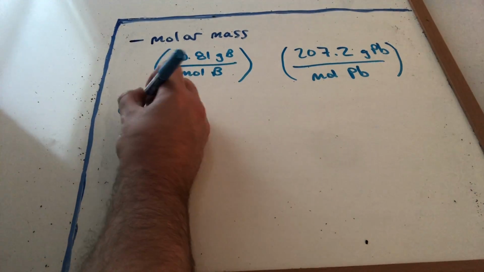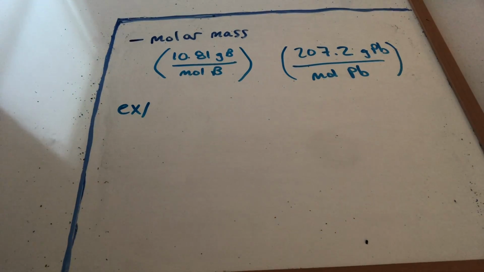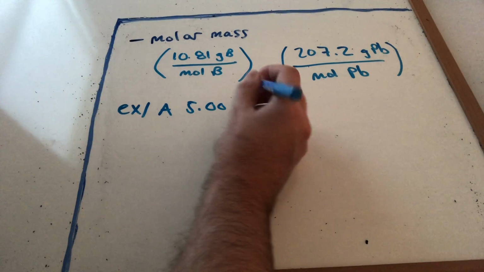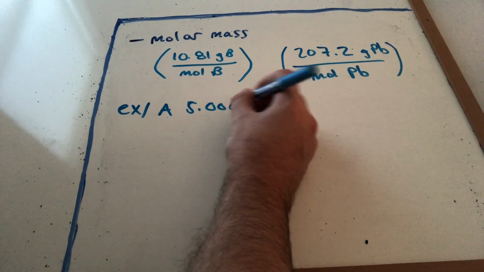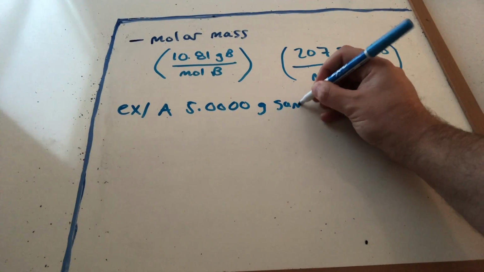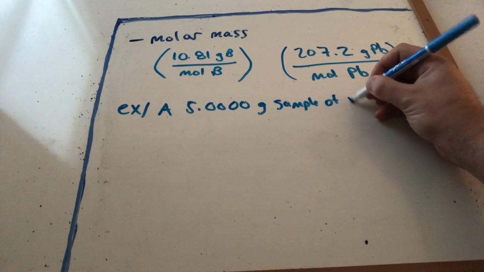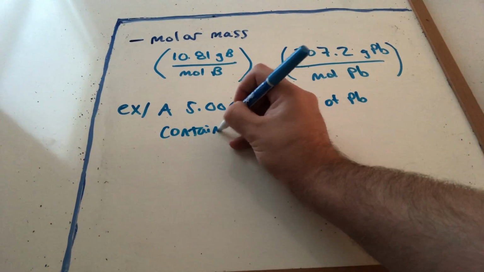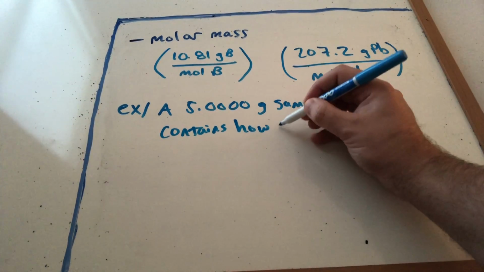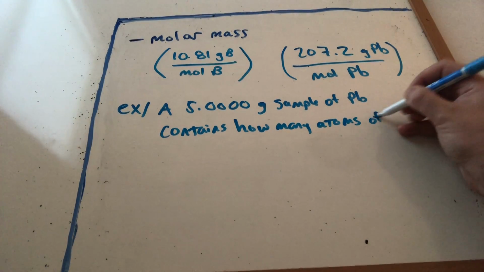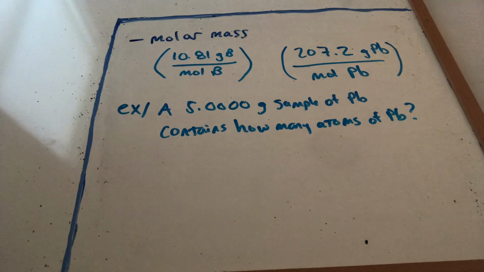So let's do an example that kind of illustrates how we can count by mass, right? A 5.00 gram sample of lead contains how many atoms of lead, right?